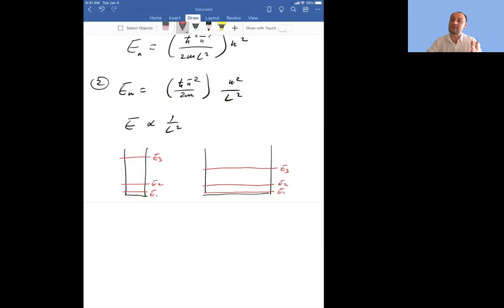This is an interesting result. You may not have thought of it when you looked at the formula. Well, it does make sense, right? Because if you want to confine a particle to a smaller and smaller amount of space, you have to do more and more work on it. And then the energy gets stored.